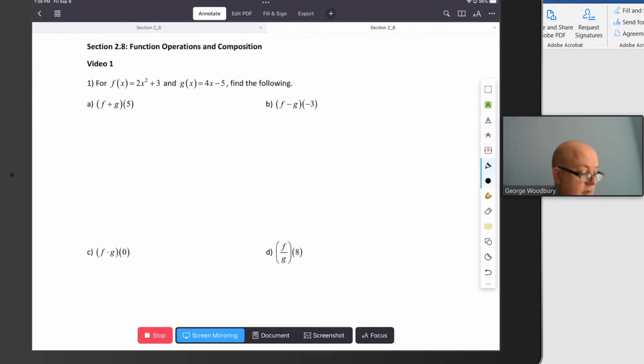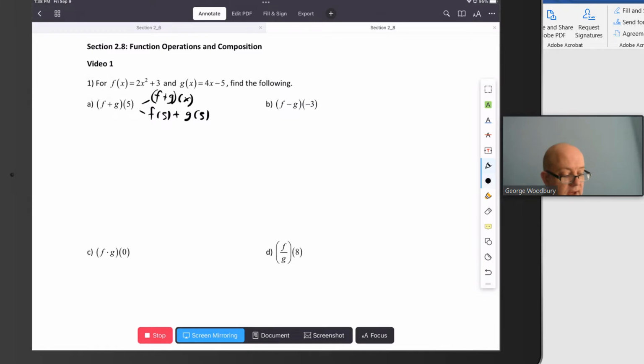We can first find f plus g of x by adding their formulas together and then plugging 5 into that. Or we could start by finding f of 5 and g of 5 separately and then adding those. In this case, I'm going to do the separate function evaluation rather than combining them and evaluating.